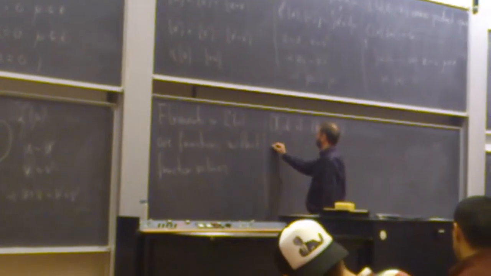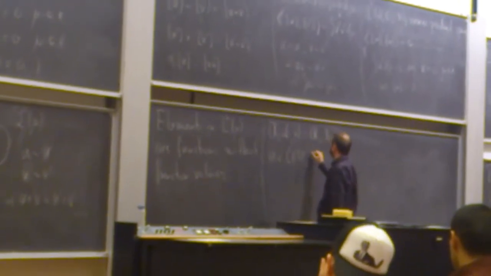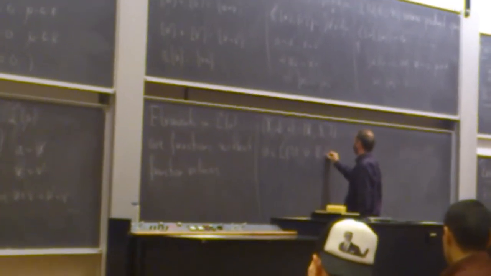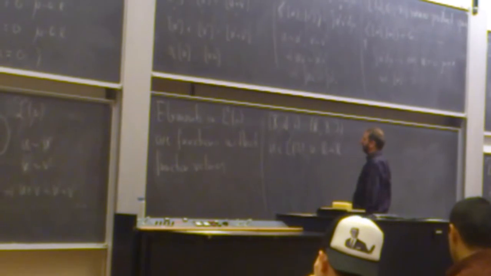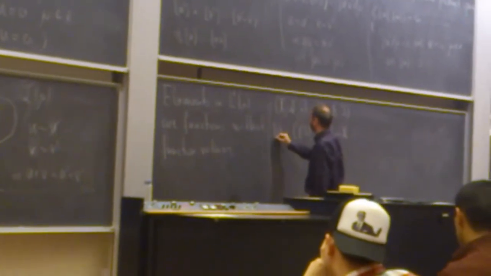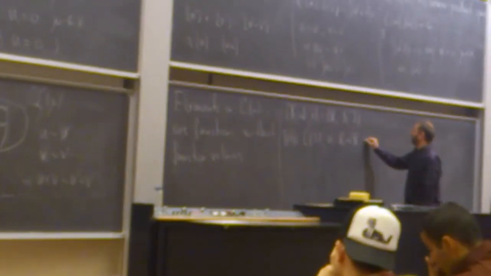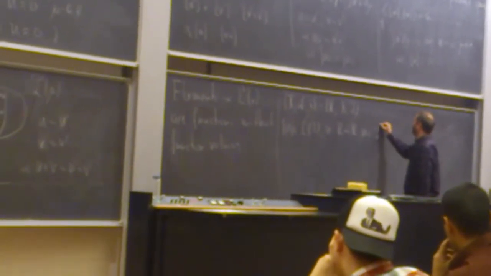Suppose I have a function u in, say, L2 of lambda. The u goes from R to R, and u itself belongs to curly L2 of lambda.